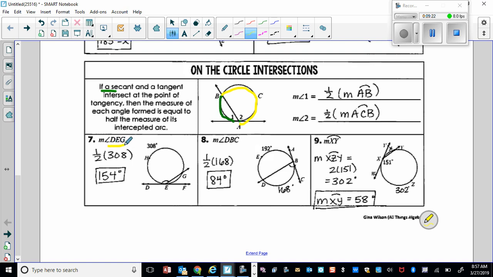DEG is half of 308, which is 154, and DBC is this piece, which I didn't know initially, so I have to do 360 minus 192 to get 168. That's another thing you have to do: if it's not given, then you have to find it. So if this is 151, the arc will be double, 2 times 151, which gives you 302.